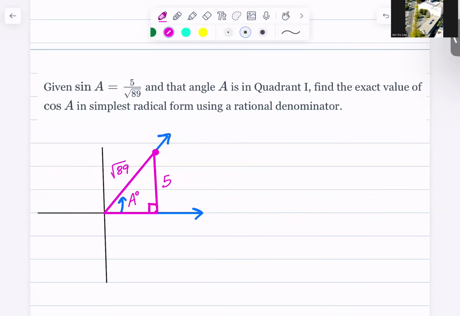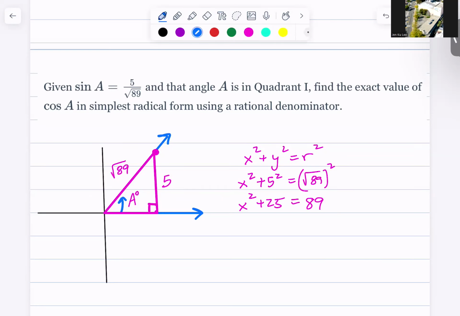Okay, so in order for me to figure out cosine, I need my x value, right? So I'm going to use x squared plus y squared equals r squared, my Pythagorean theorem. So x squared plus 5 squared equals square root of 89 squared. So x squared plus 25 equals 89.